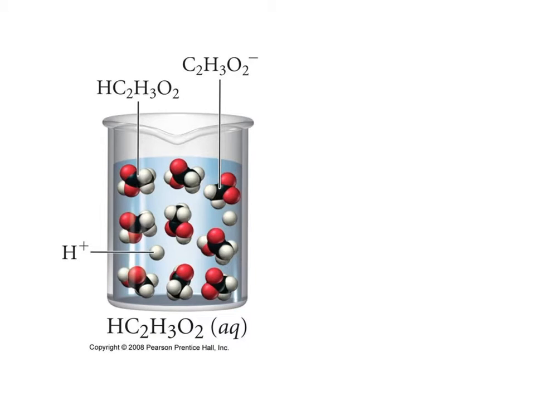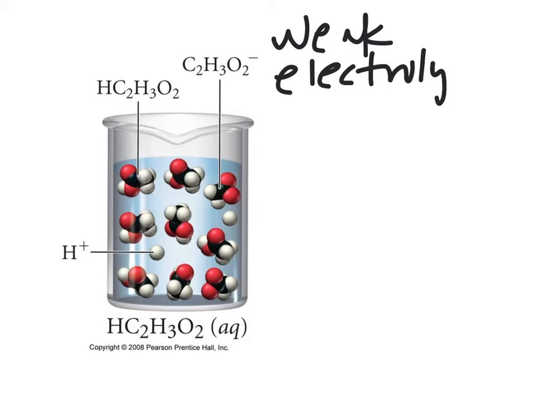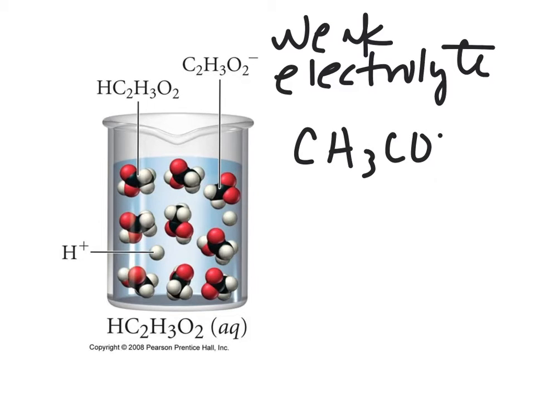And then of course we're going to have something in between. Acetic acid here is an example of a weak electrolyte. If we wanted to write the chemical equation representing it dissolving in solution, we would write CH3COOH.